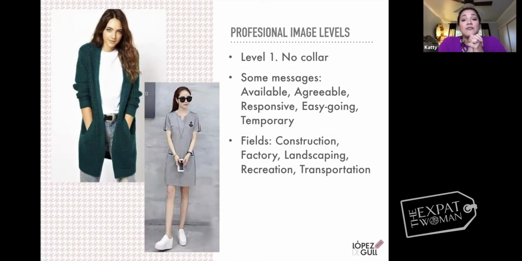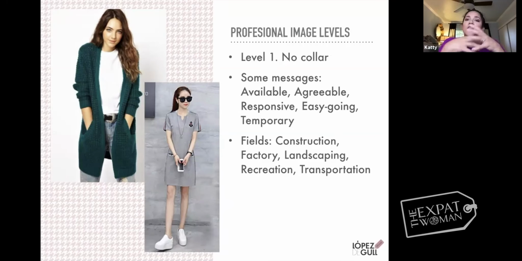Level 1 does not require any color. Actually, the key element is not to wear a collar or jacket or anything like that, but softer and unstructured fabrics. Some of the messages that you can communicate with this personal brand are that you are available, agreeable, responsive.